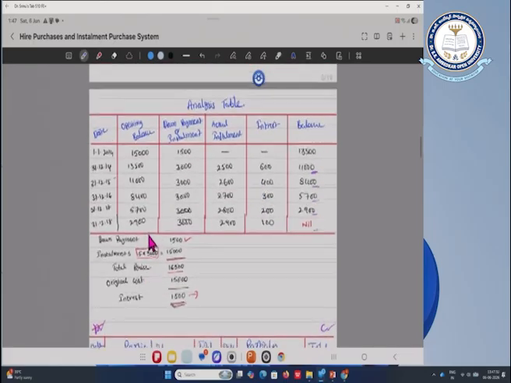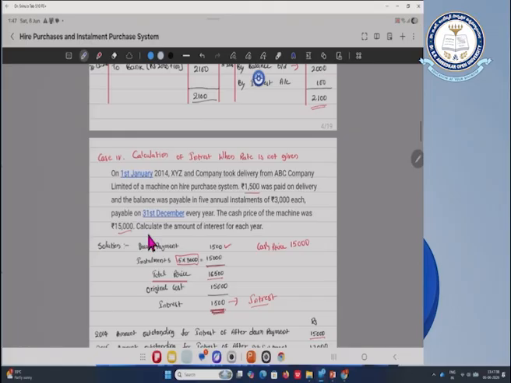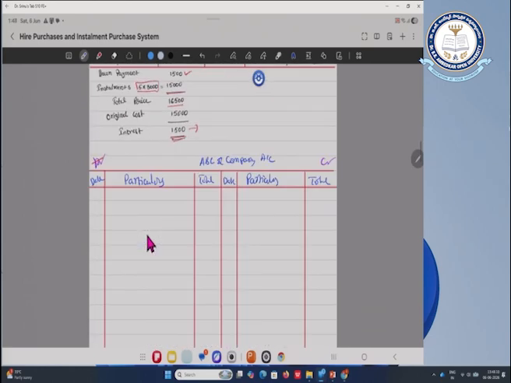So, who is the account? Who is the hire vendor? On January 1st, XY company took delivery from ABC and company limited, a machine, on the hire purchase system. So, from ABC company. How to start this ABC company account? What is the general entry for the starting transaction?